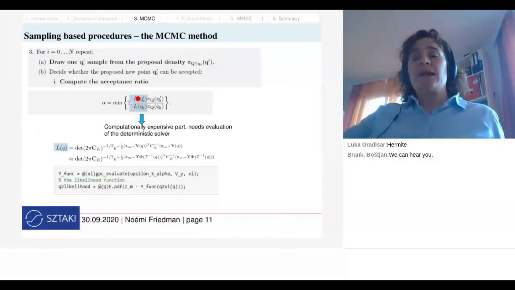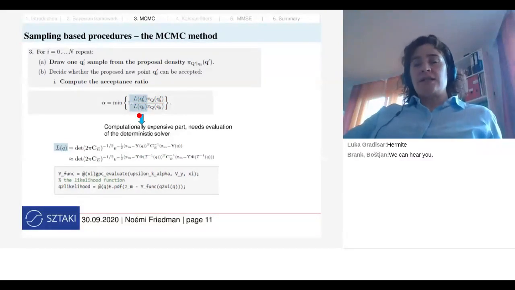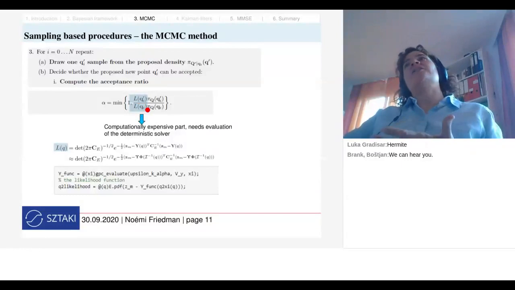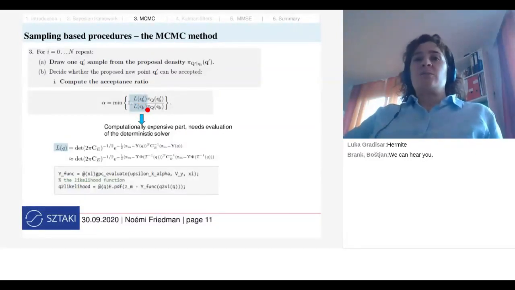So I sample from that, and if I can compute the likelihood and the prior at that sample where I was and where I made my step, then I can see whether the posterior probability density has increased with this step, or it got smaller.